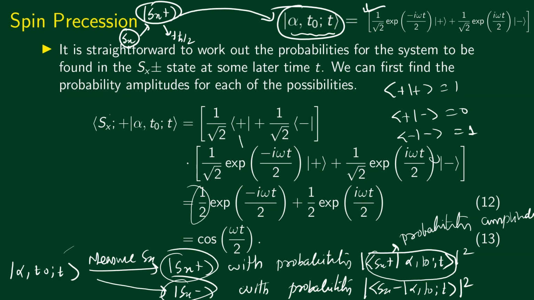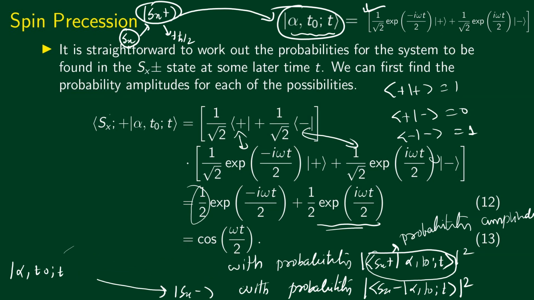Okay, so this multiplication gives us 1/2 exponential of −iωt/2, and these two terms multiply to give 1/2 exponential of iωt/2. The cross terms are all 0 because of orthogonality.